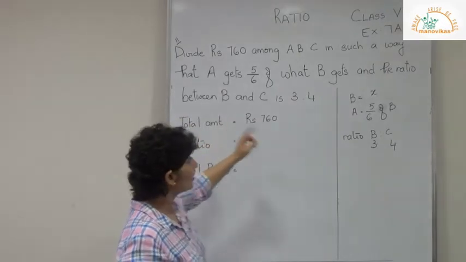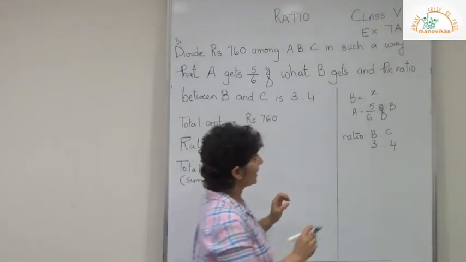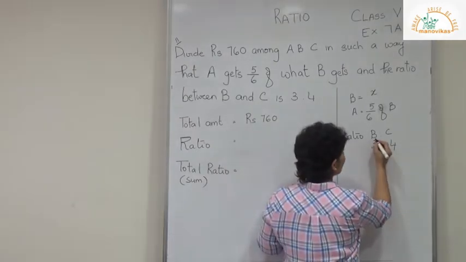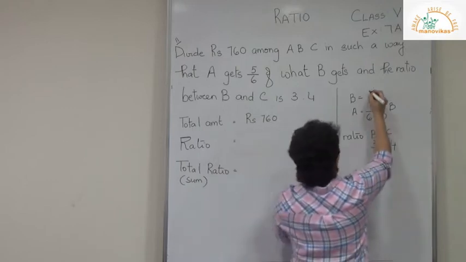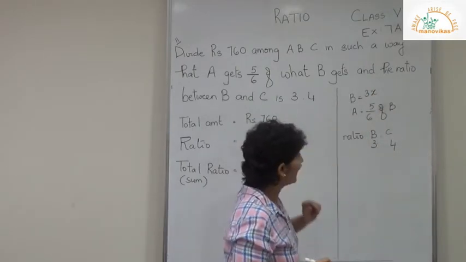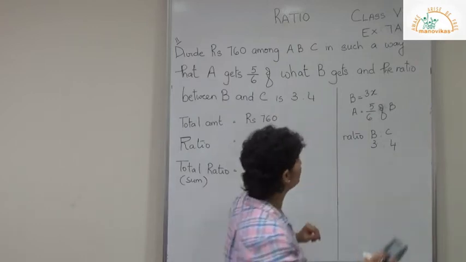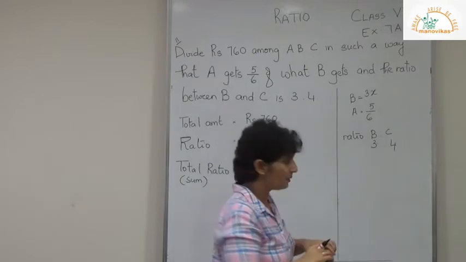And the ratio between B and C is 3:4. Now, this ratio is 3:4. I have B, so suppose I say the ratio is 3x. Then what will A be? Then A would be 5/6 of, where "of" stands for multiply.